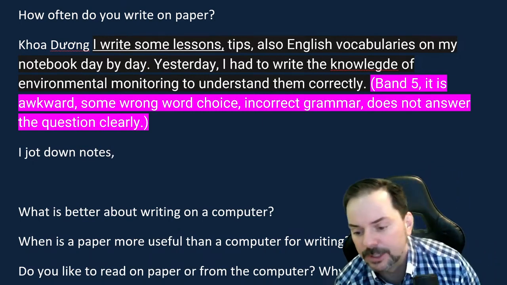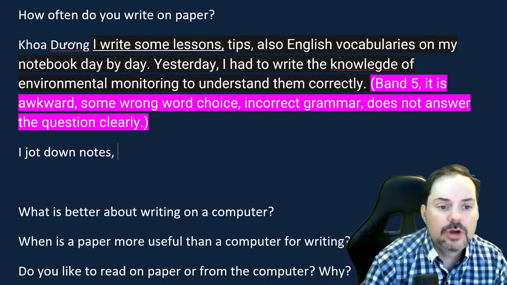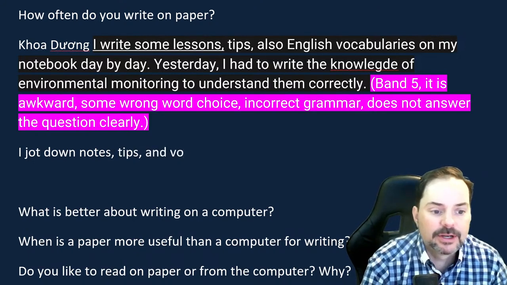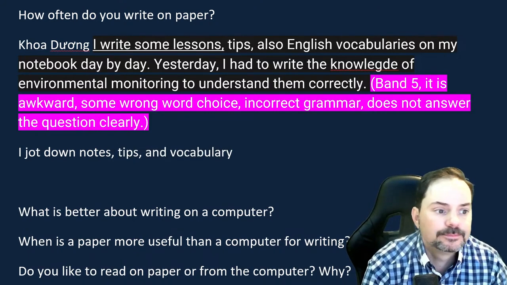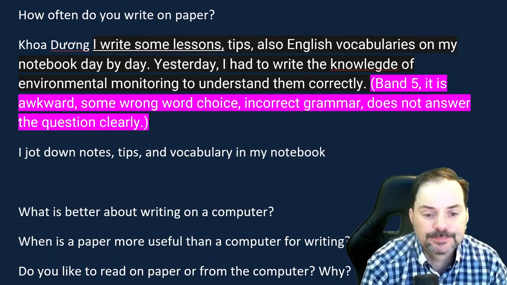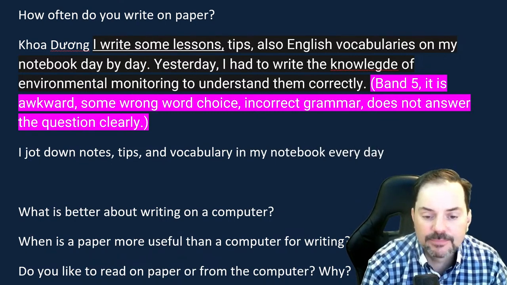Okay, absolutely. So I jot down notes, tips, and vocabulary in my notebook every day.